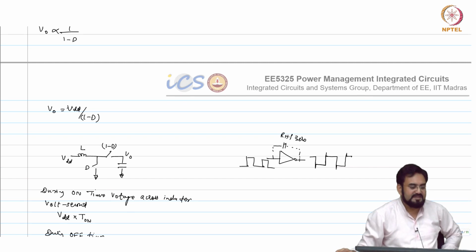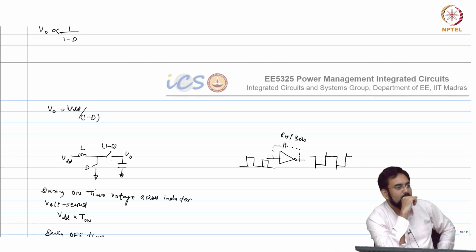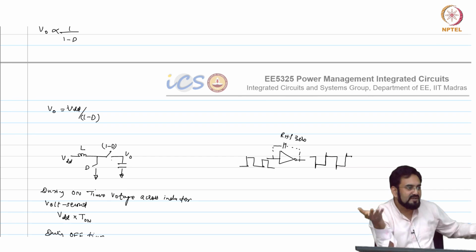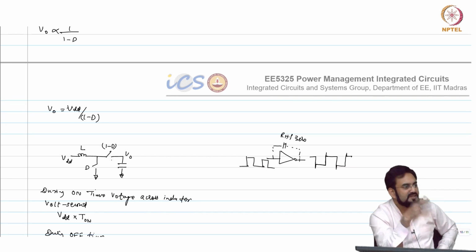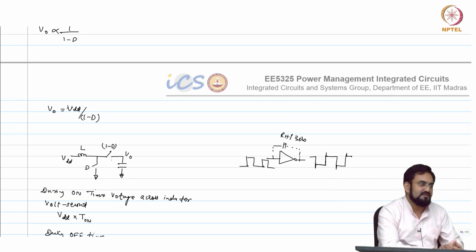If I increase the duty cycle, which switch is connected for longer time? Ground, which means you are leaving your output disconnected for even longer time. So should the output increase or decrease? It will start decreasing. But at the same time, your inductor current is rising. So next time when you connect the switch, the inductor will all of a sudden supply a huge current and your output will start recovering.